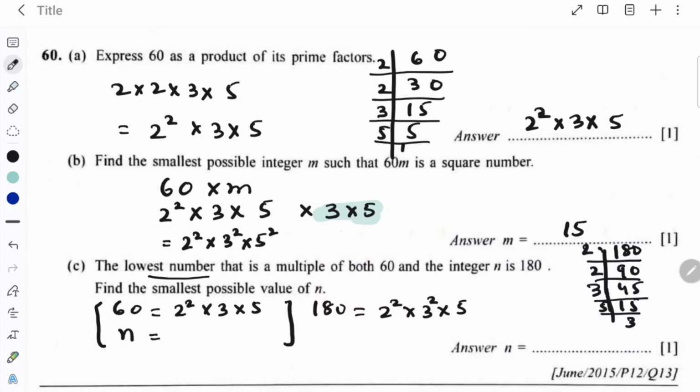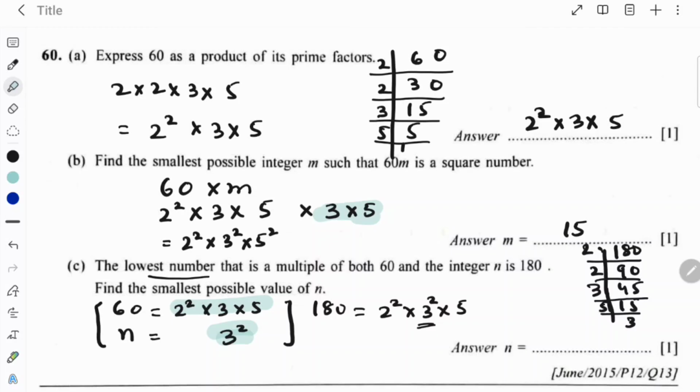If 2 square is there, there also must be the same number. So I don't need to write down 2 square because we need the smallest number. So 3 square must be there, and 5 is already there. If I check these two, the LCM will be equal to 2 square into 3 square into 5.